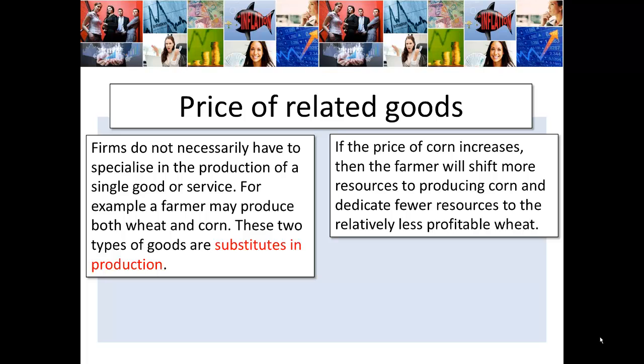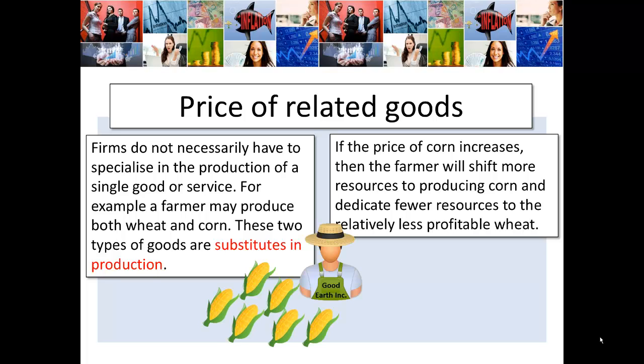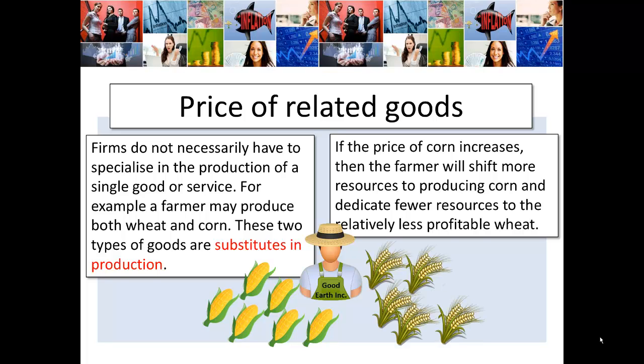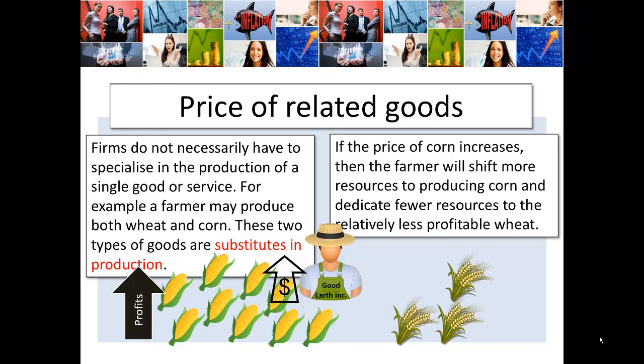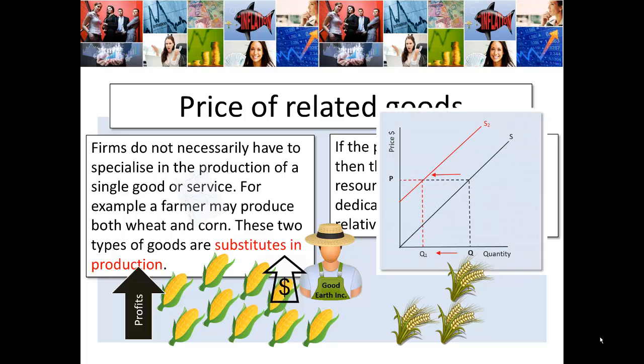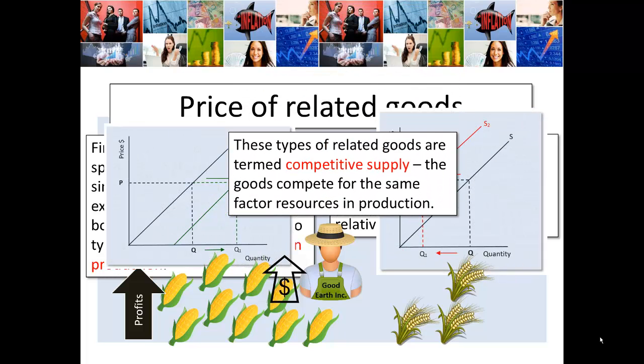If the price of corn increases, then the farmer is going to shift resources to producing corn and dedicate less resources to producing wheat, because wheat becomes relatively less profitable. So the farmer will grow less wheat and increase the amount of corn that he or she is producing.